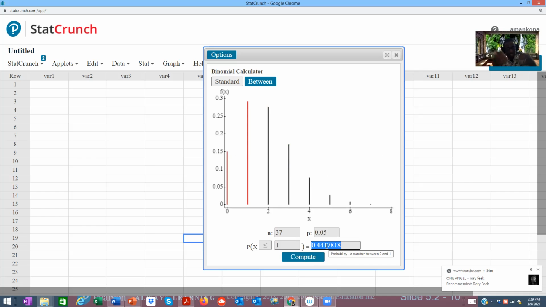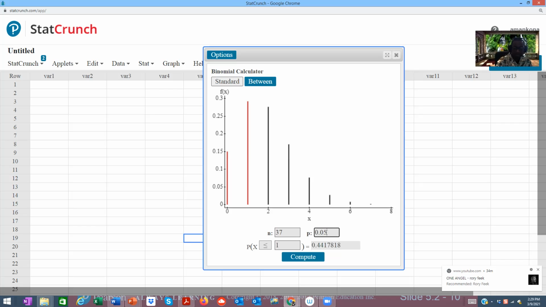Or, in the batch of 3,000 out of which we sample 37, if all 37 are good or 36 are good, then we accept the whole batch. Otherwise we reject. So in that case, the probability of success will be 95%, not 5%. My n is still 37.